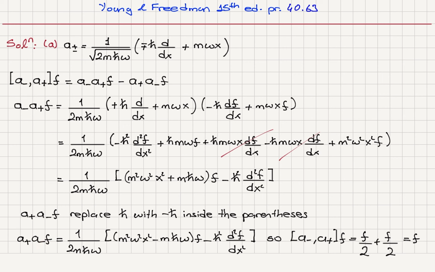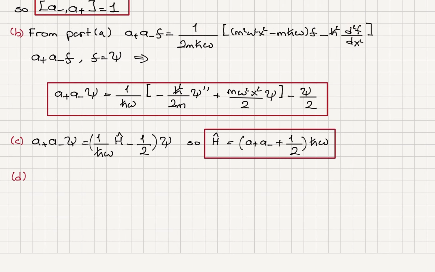So we can easily write the result for A plus A minus applied to f, and we have found that the commutator gives us 1. So we have used that result from part A to write A plus A minus applied to a one-dimensional time-independent wave function psi, and then we have noticed that the Hamiltonian operator can be written in terms of A plus and A minus this way.